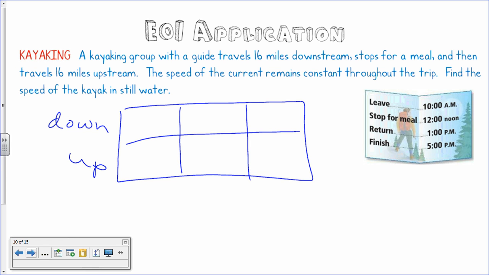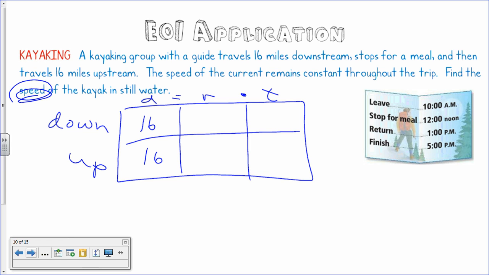What goes on the top? Distance equals rate times time. So it's going to be 60 and 60. My rate, that's what we're trying to find, isn't it?